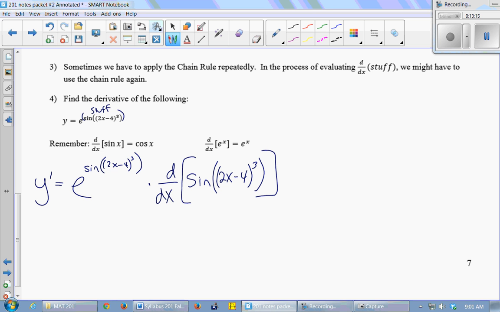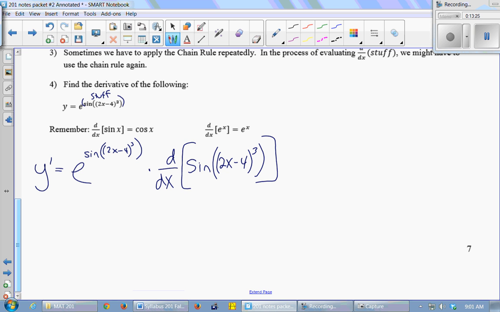So that's what the chain rule says. Derivative of the outside function, just apply the standard derivative rule, then multiply by the derivative of the stuff. But now if I wanted to take the derivative of this stuff, that's also a composition. So when I'm taking that derivative, I'm going to have to apply the chain rule.